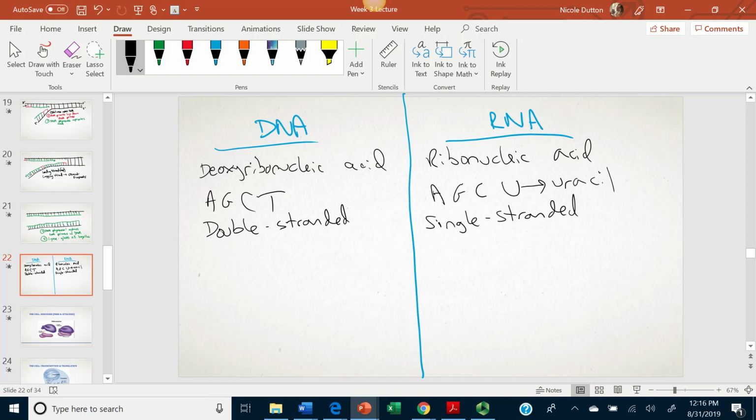DNA has this big kind of storage capacity. So encoded in the sequence of bases are all of the directions that make an individual. Now, DNA codes for proteins, and stores all of those directions that make an individual, while RNA is more directly involved in making proteins.